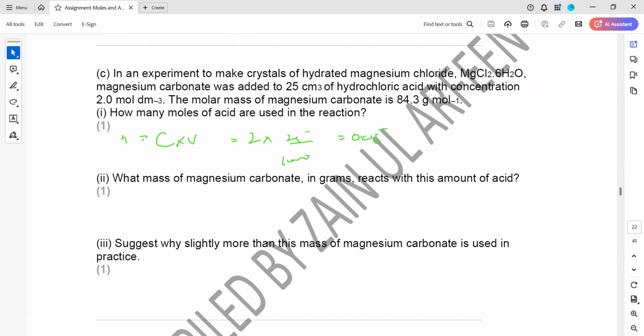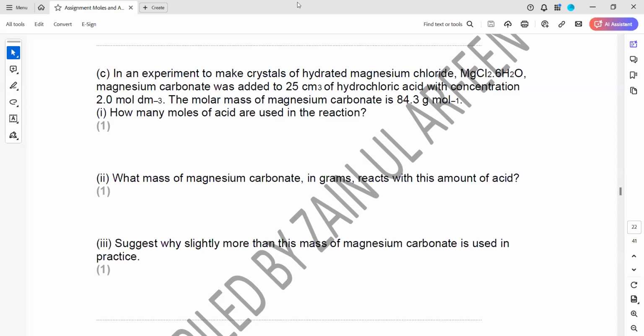And then, what mass of magnesium carbonate in gram reacts? So first, after knowing the moles of hydrochloric acid, which were 0.05, then you have to use a ratio.